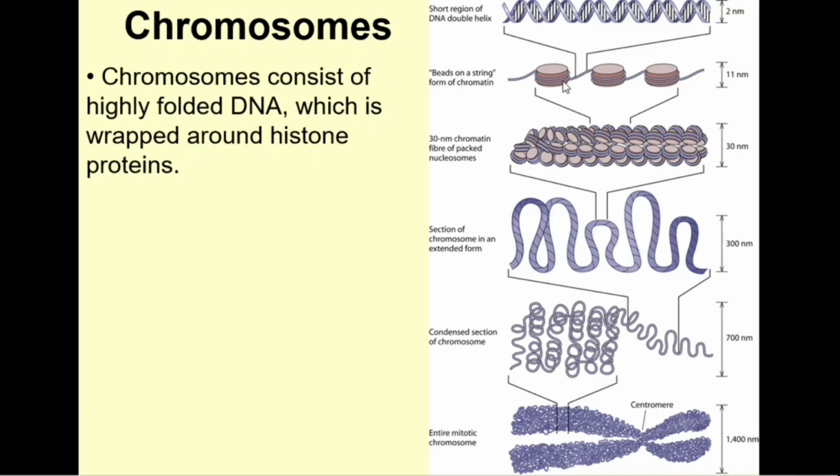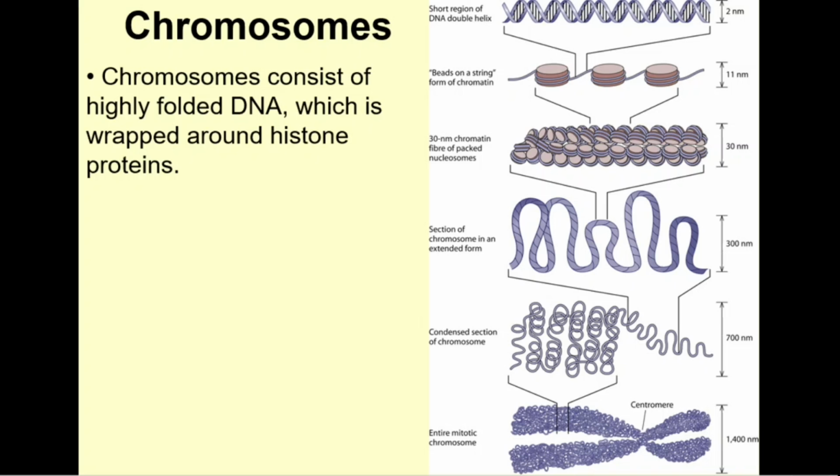If we move down to the next one, we can see these little pink circles, and those are our histone proteins. They act a little bit like a spool, and the DNA will wrap around those like cotton does around a spool. So when that happens, we end up with this configuration of DNA highly coiled around these histone proteins. And when they're in this position, they are referred to as chromatin.